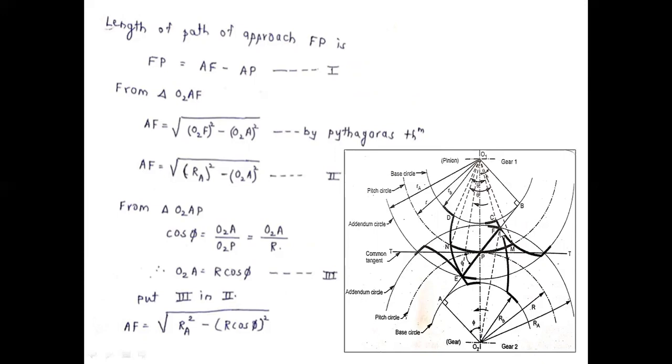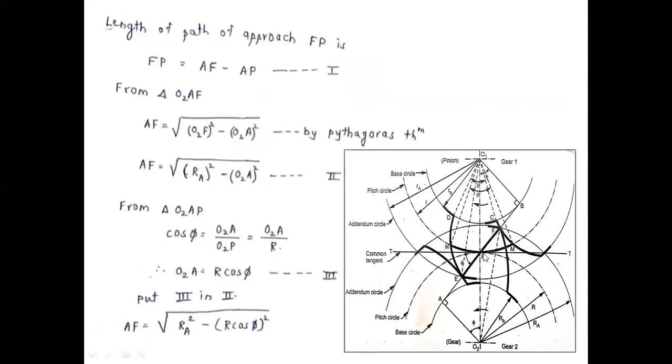So FP is AF minus AP. Here I have already written FP is equal to AF minus AP, which is equal to the path of approach PF.